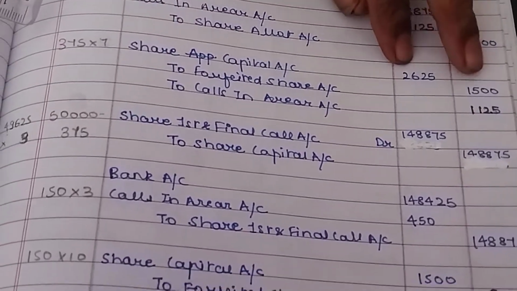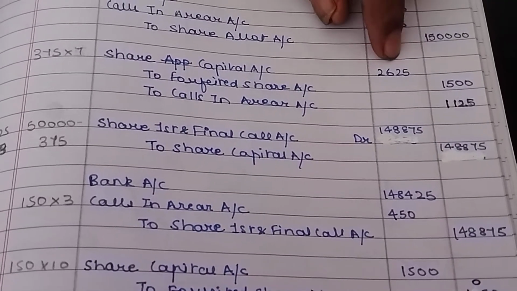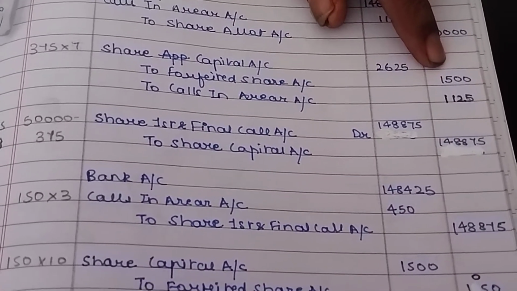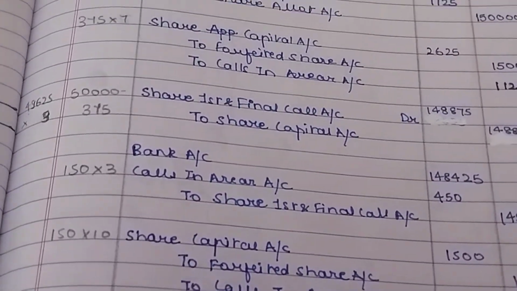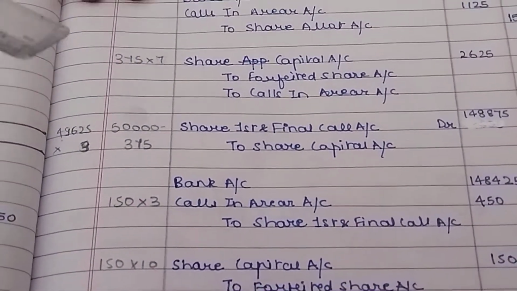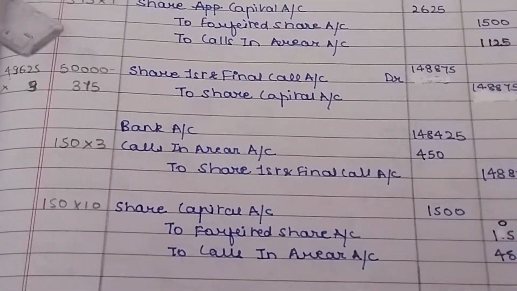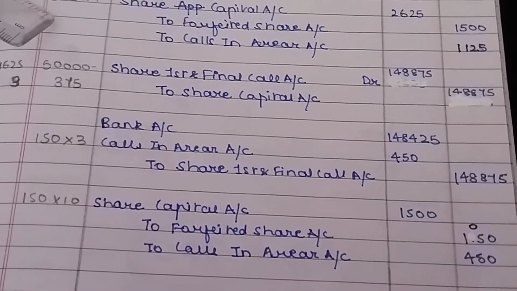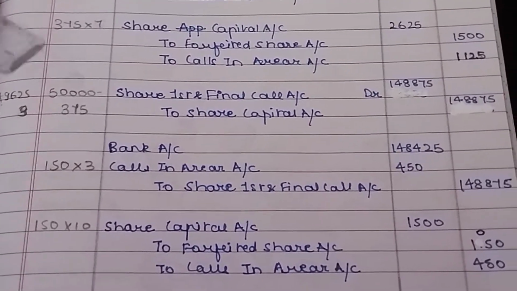Difference between these two, 1,125 and 2,625, you will find 1,500. That is called forfeited share account. Narration being Anil, who applied for 450 shares, allotted 375 shares, forfeited immediately after allotment, who failed to pay the allotment money. Now second entry.